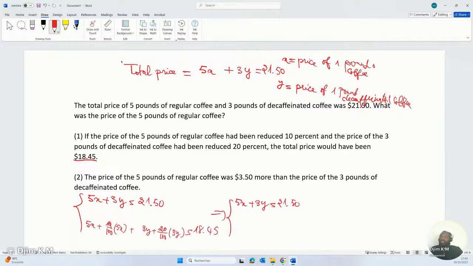And this, okay, so it will give 55x over 10 plus 36y over 10.